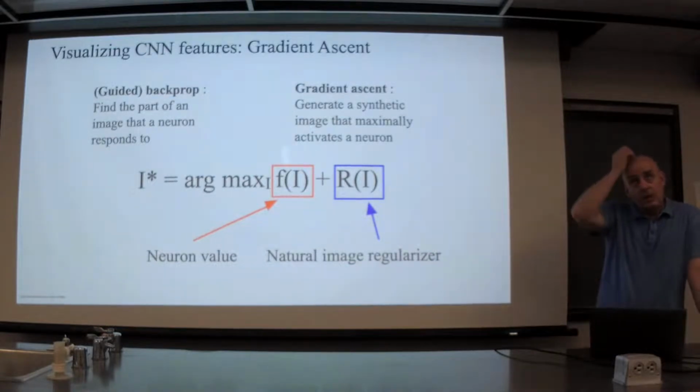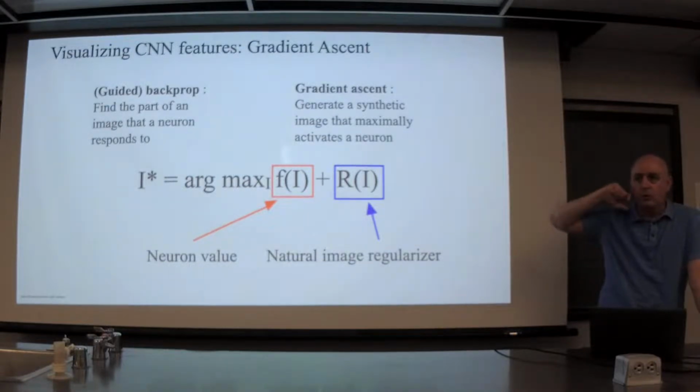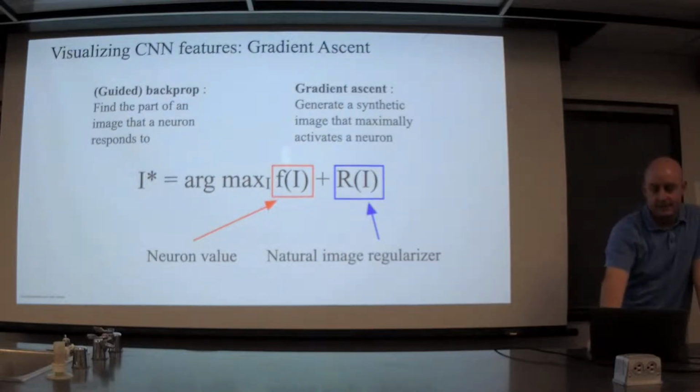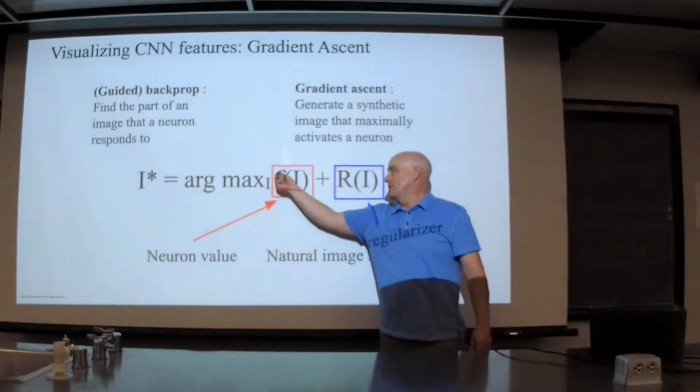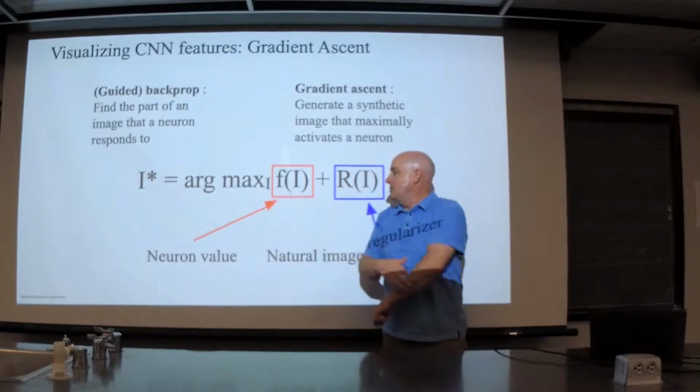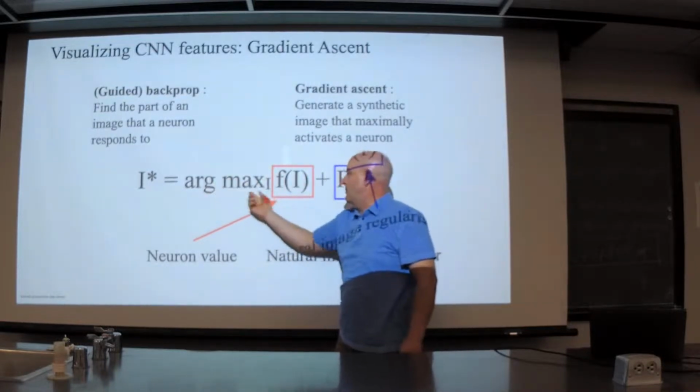So what we want to do is actually generate a synthetic image that maximally activates a neuron or maximizes the score associated with a particular class. The way you do that is you take the score for a particular class, and you're going to run gradient ascent. You want to maximize.